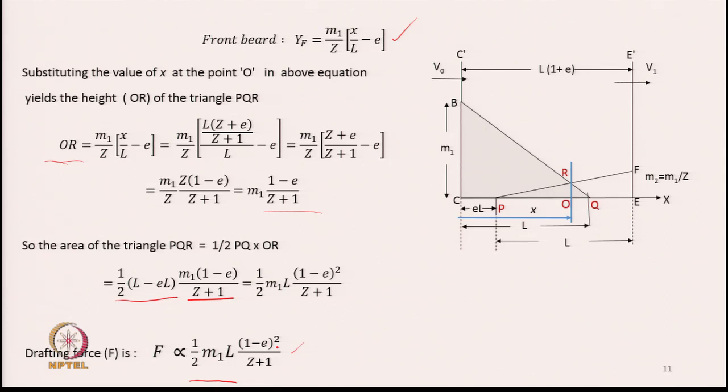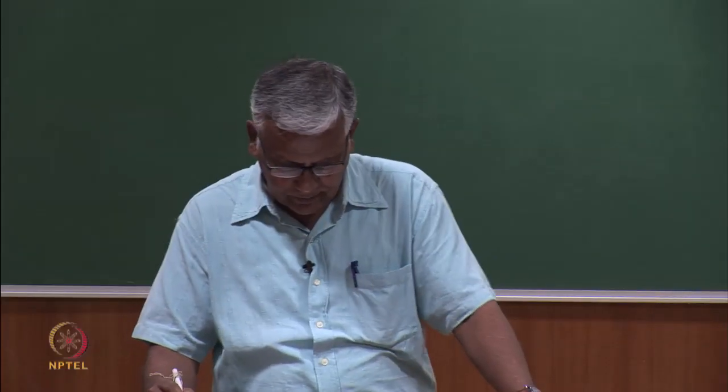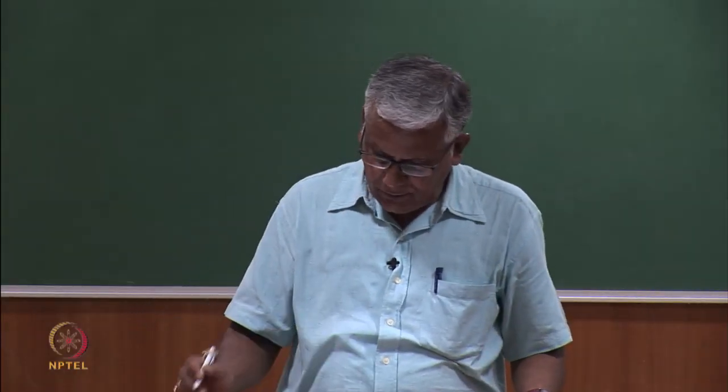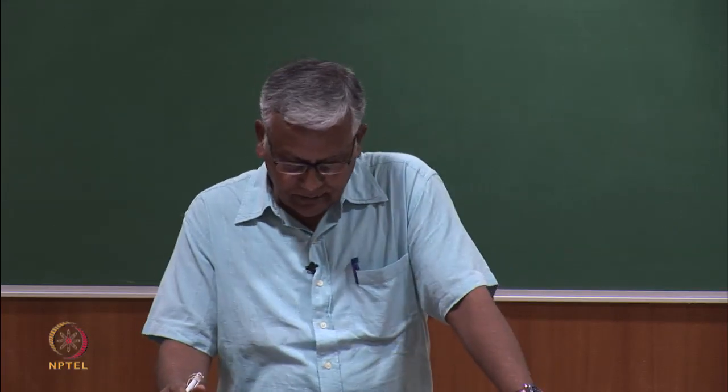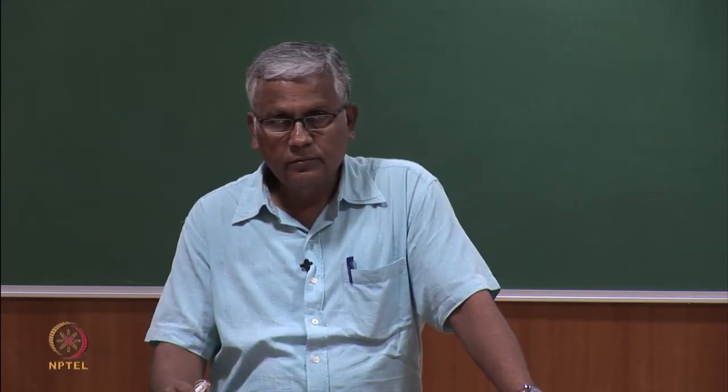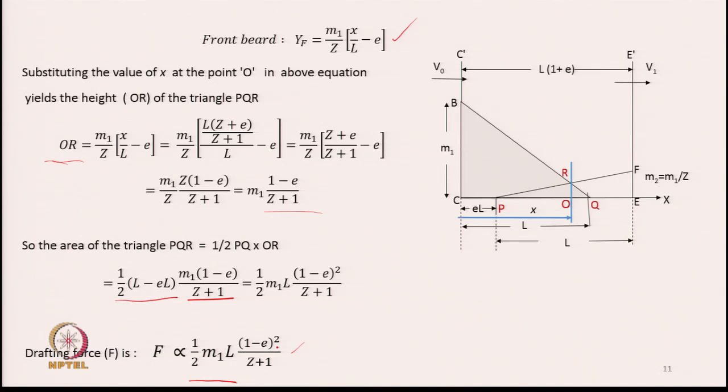If we increase M1, that is, if I feed a thicker and thicker sliver, M1 is going to increase and therefore drafting force is going to increase, provided M2 remains the same. If we go for longer fibers L, again more force is required, so the drafting force will increase.